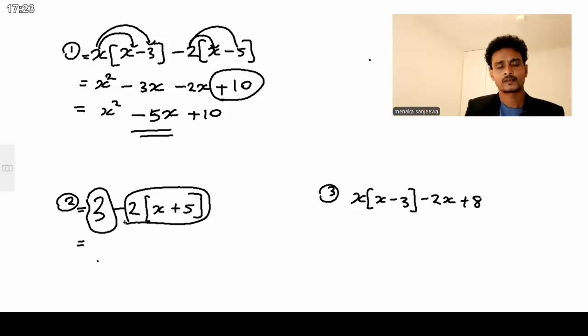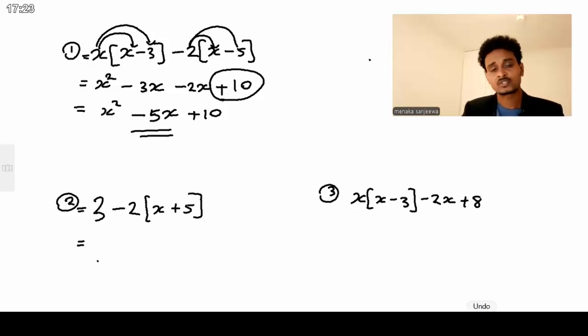So there are 2 terms, because you cannot simplify 3 and 5. Many students make a mistake here. When the question is given like this, they just simplify 3 and 2 and multiply the bracket. You can't. The 2 is in a separate term and 3 is in another term, just like staying in 2 houses. 3 and 2 are in different houses, different terms.